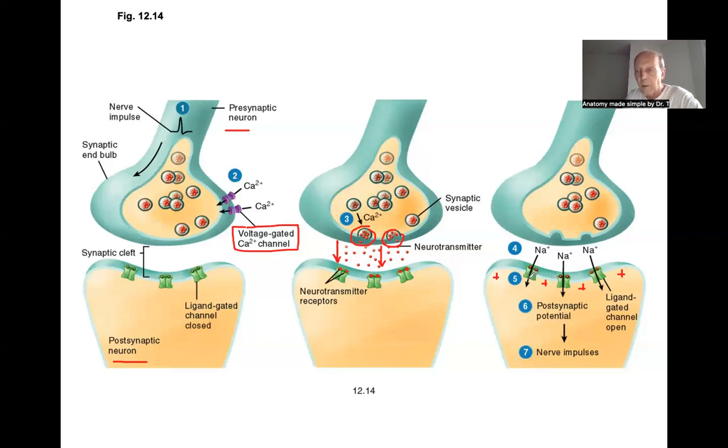Obviously, this could be the starting moment that eventually will lead to postsynaptic neuron generating its own action potential. But we have to wait until this change practically becomes like a wave, which starts opening more of the electrically gated channels to allow even more sodium to come in. And of course, then to see quicker change in the membrane potential, reaching the threshold. And from the threshold, we know what's going to happen.